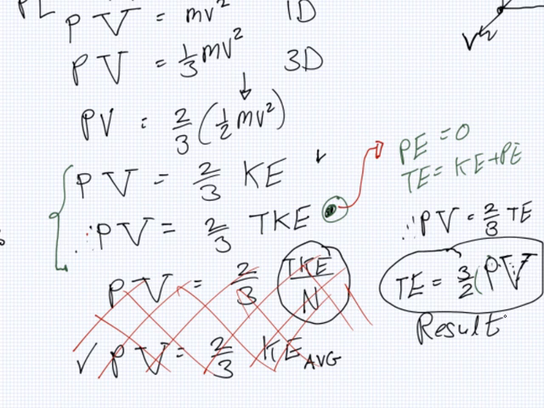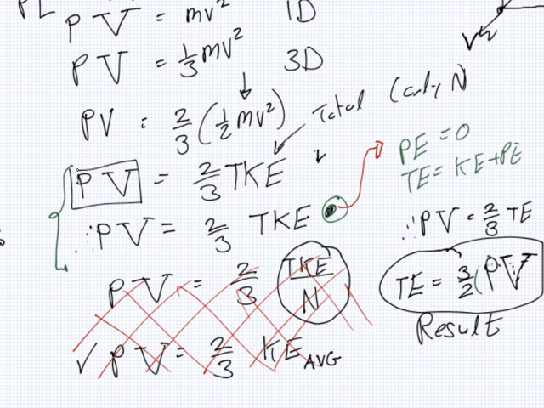In this model, it's just kinetic because there's no potential. PV equals total kinetic. Maybe I should have written T here, because this is still the total, but it's just for only one. So it's still the same if it's N, because this is already a total, because it's for the whole box.